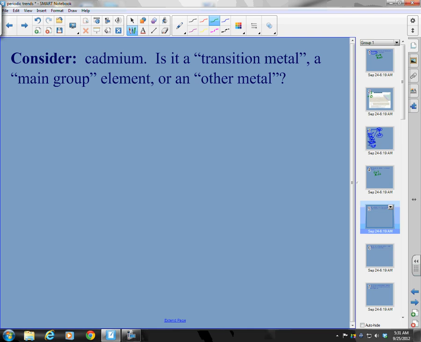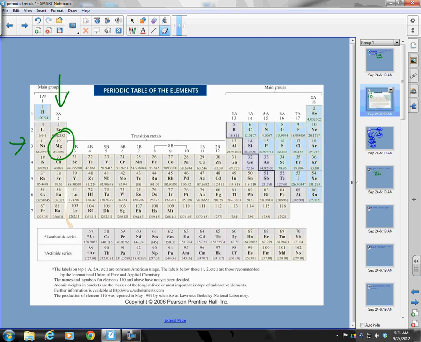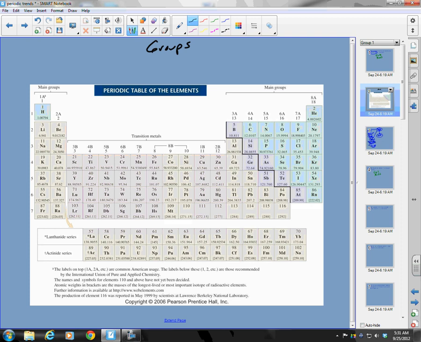Consider cadmium. Is it a transition metal, a main group element, or an other metal? Okay, we need to go back to our periodic table and put in some more nomenclature here. Well, we have our groups up top here, that are columns, but several of the groups have names.